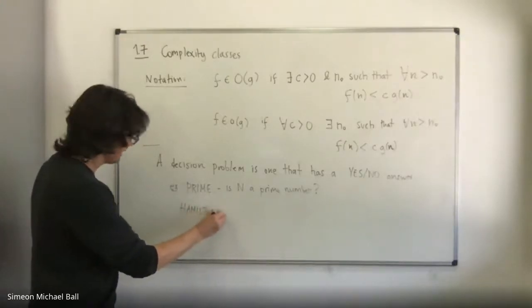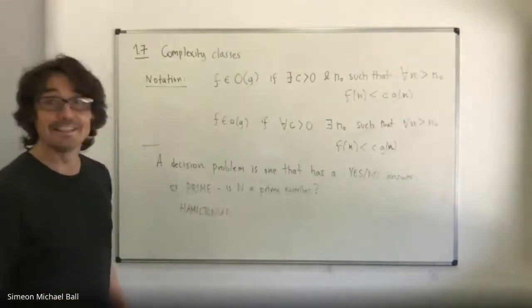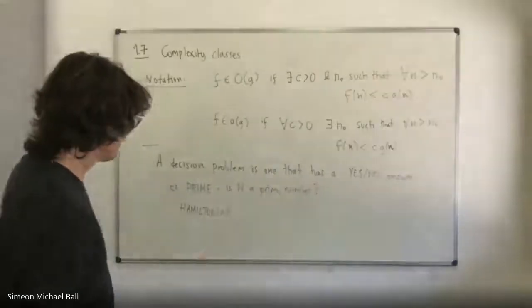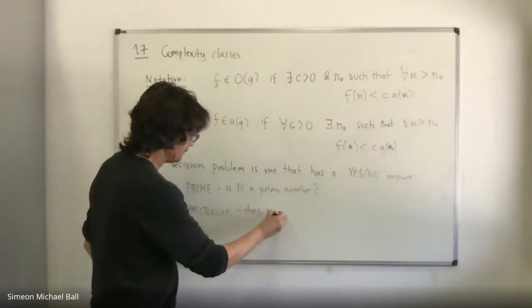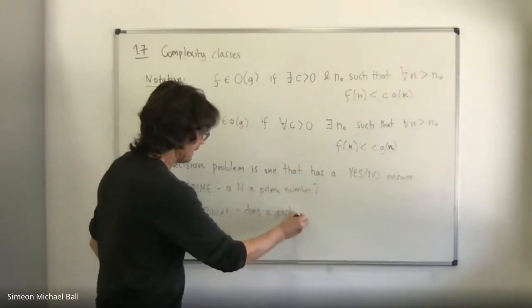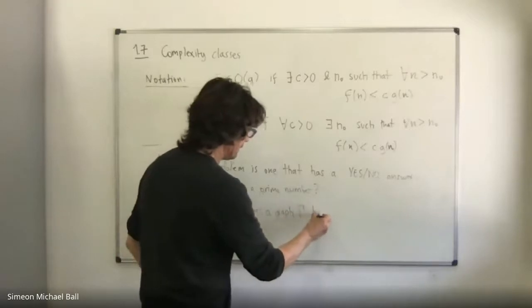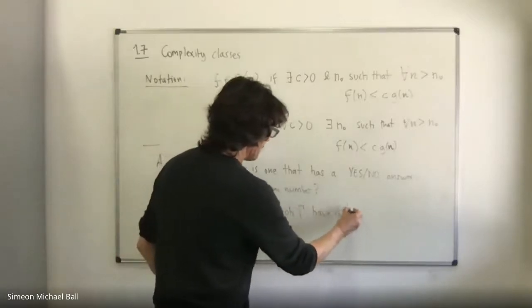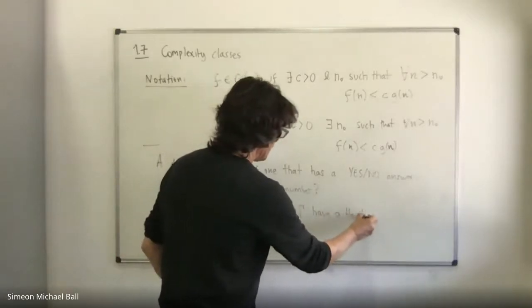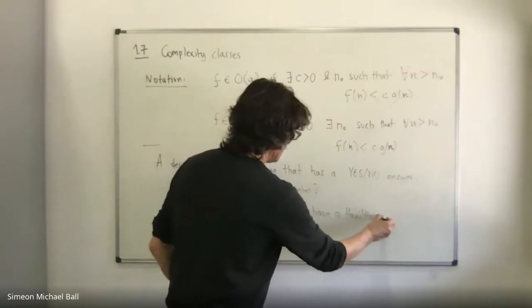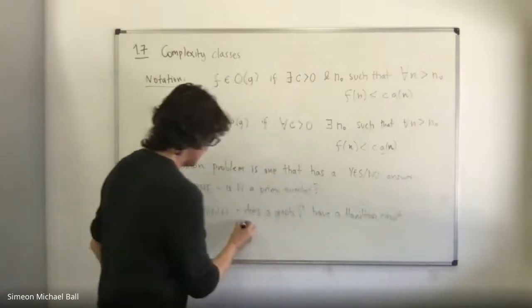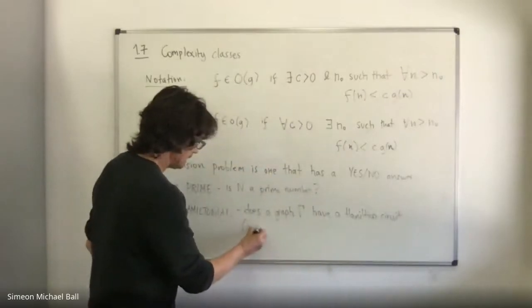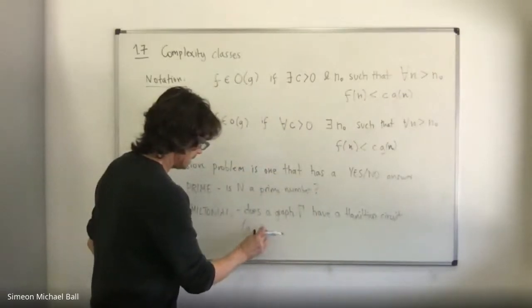Now, this is not the Hamiltonian that we will see later in Schrödinger's equation. This is, does the graph have a Hamiltonian circuit?